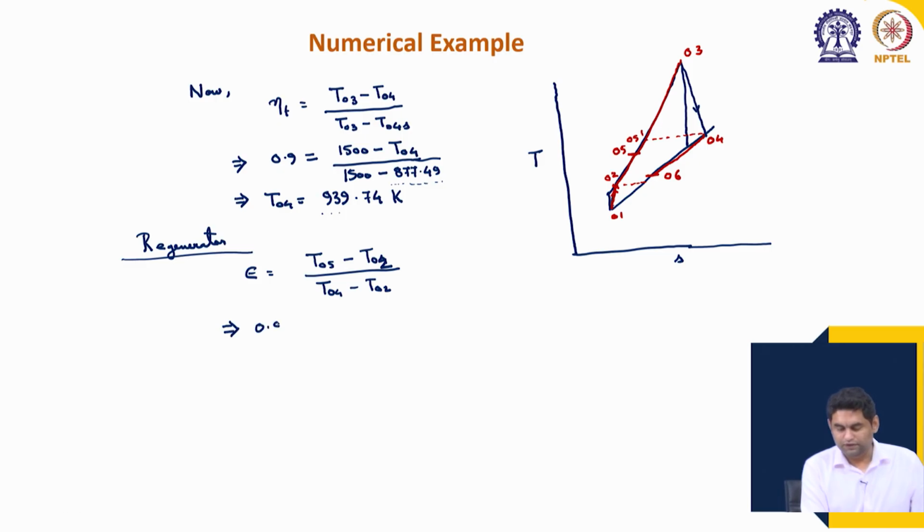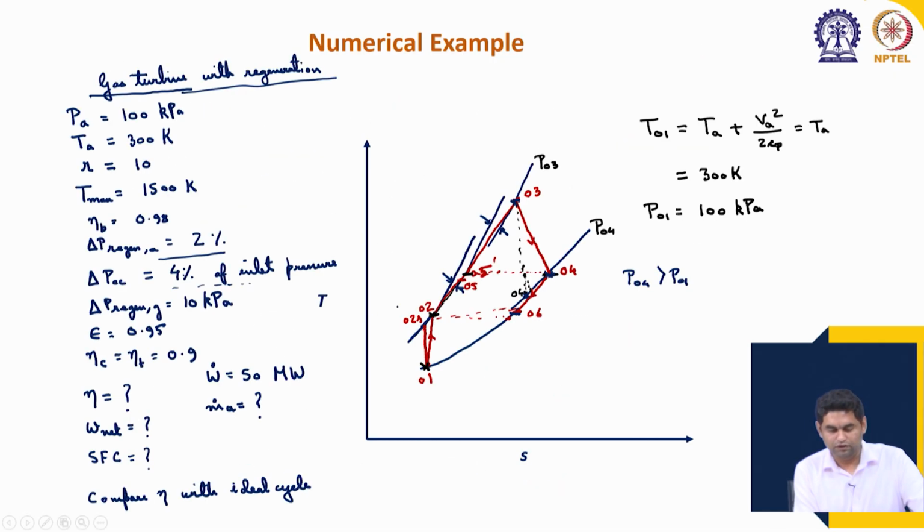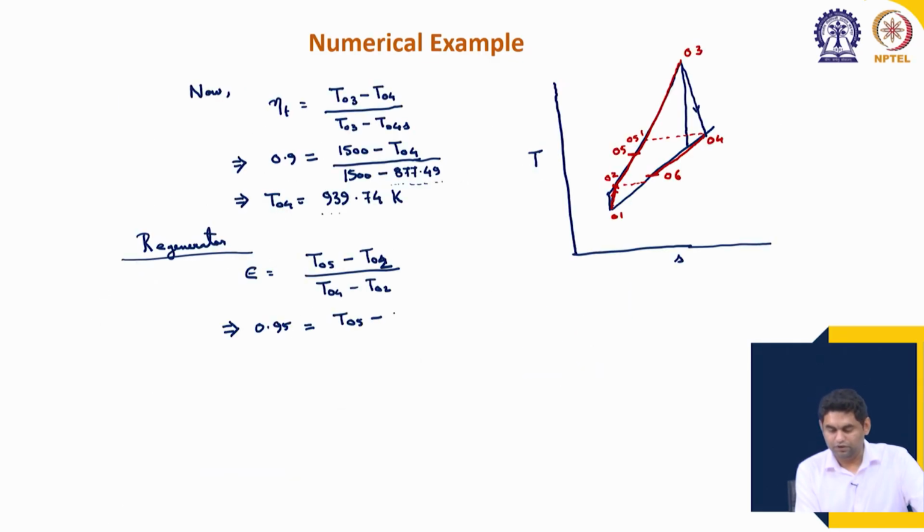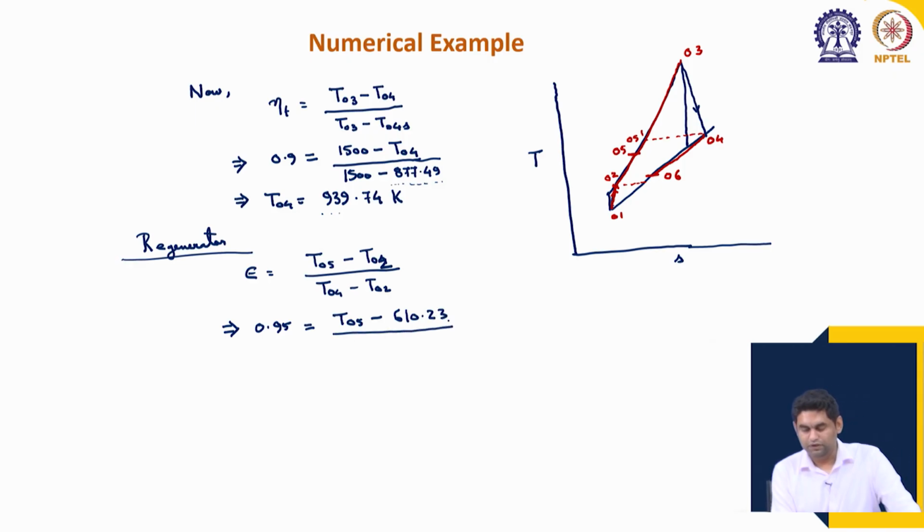so this is given as 95%. So, this means that T05 minus T02 is a known quantity. We have derived T02, 610.23. Again remember, all calculations should be done in Kelvin to avoid mistakes.